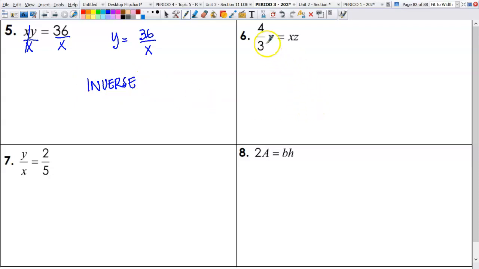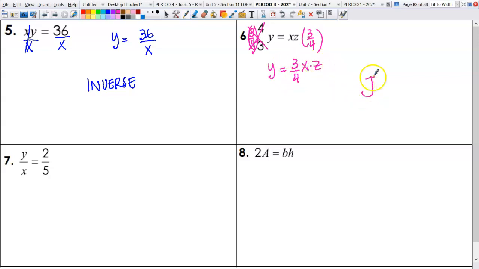The next one, we have to multiply by the reciprocal. The reciprocal of 4 over 3 is 3 over 4. Yes, right? So we have y equals 3 over 4 times x times z.